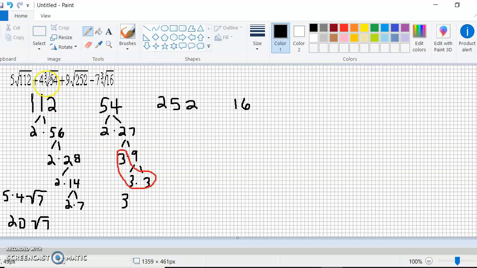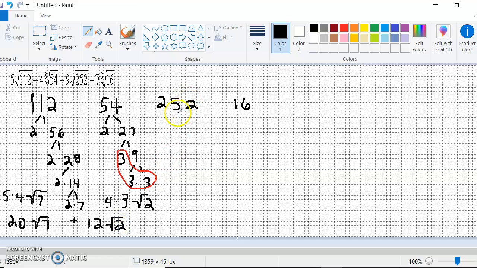Okay, I'm going to multiply it to this 4 that I have here. Okay? And then I have the square root of 2. So now I'm adding this to 12 square root of 2.